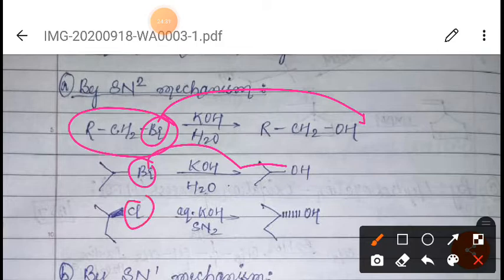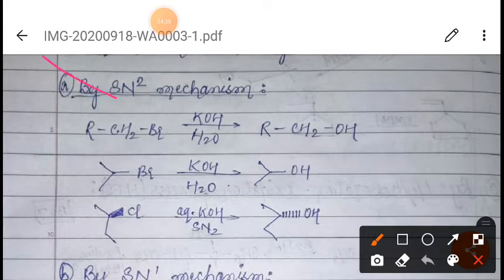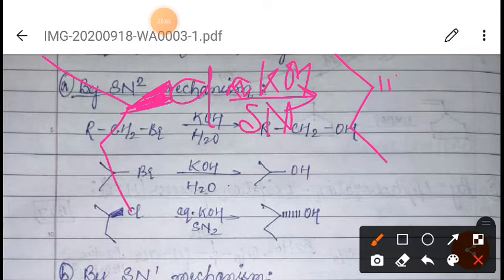Now one more thing, since an SN2 reaction is taking place, always remember that in this case, let me draw here, the chlorine is above the plane, right? Here the chlorine is above the plane. But since we are taking aqueous KOH, and since the SN2 reaction is taking place, the product which we will get here will be below the plane, okay.